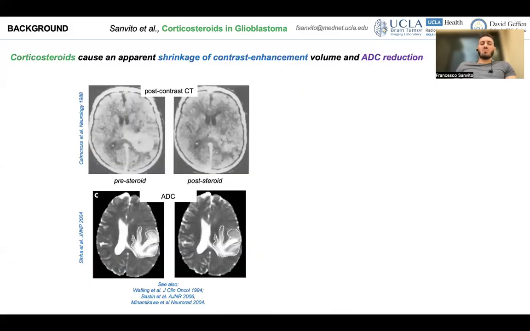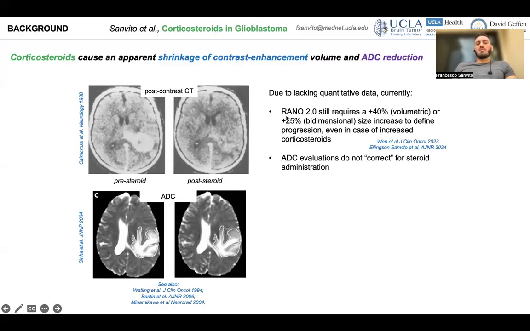One of the issues with these two biomarkers, meaning the contrast-enhancing volume and the ADC from diffusion, is that corticosteroids can change their values. It can cause an apparent shrinkage of enhancing volume, or it can cause a diffusion restriction. And there is a lack of quantitative data about this phenomenon.